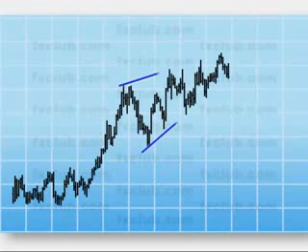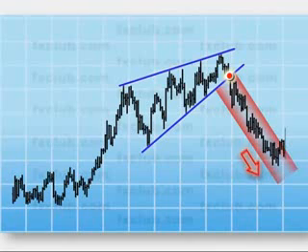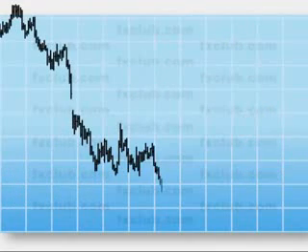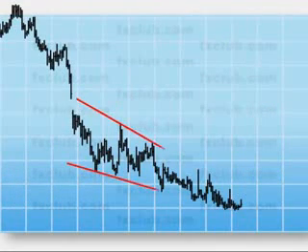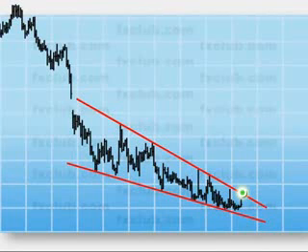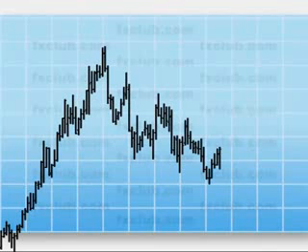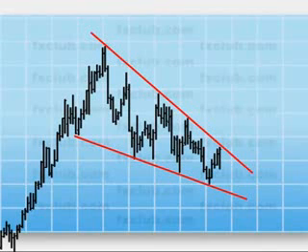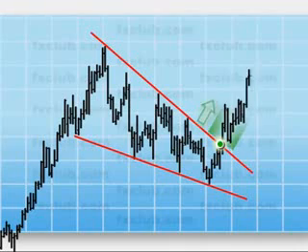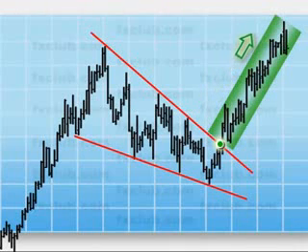If the slant of the wedge is in the same direction as that of the trend, it's a reversal signal. So a falling wedge on a downtrend is a reversal signal, and breakout will most likely take place upside. A falling wedge on an uptrend is a continuation signal, so once again, prepare for a probable upside breakout.